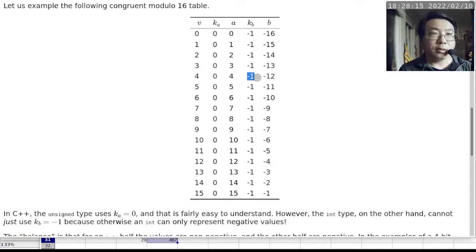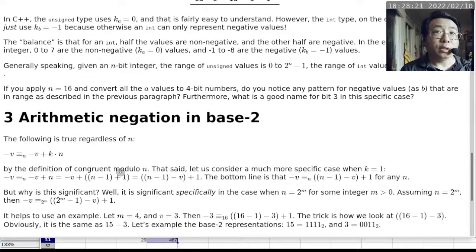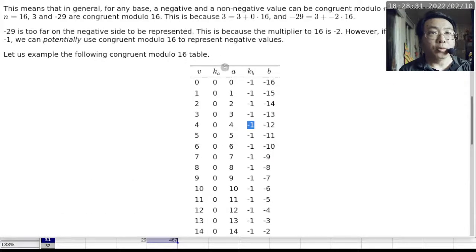So here, I'm switching back to C++, concepts in C++. In C++, the unsigned type uses ka equal to 0. In other words, when you declare a variable as an unsigned integer, then you're going to use only the column for a. Okay, you're not looking at any negative value.